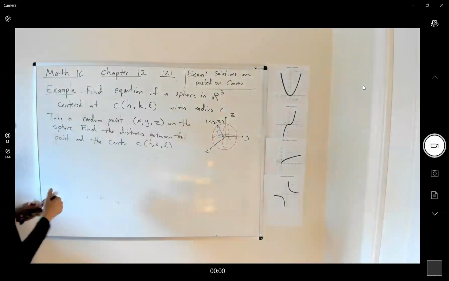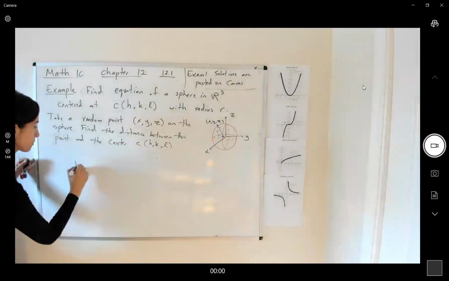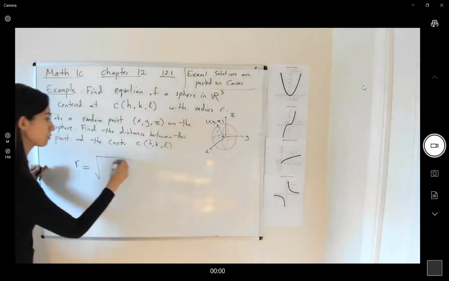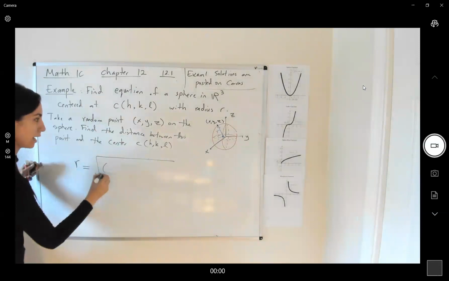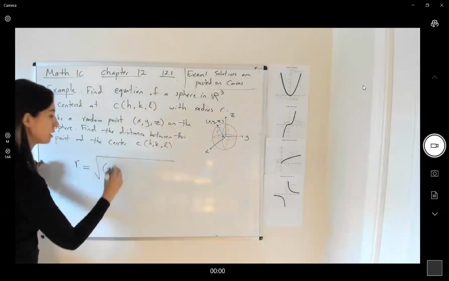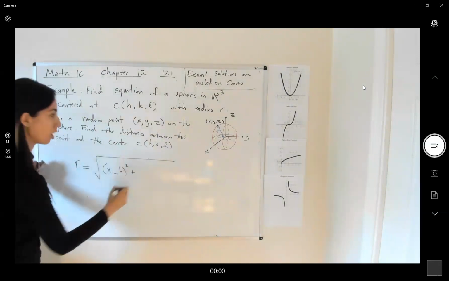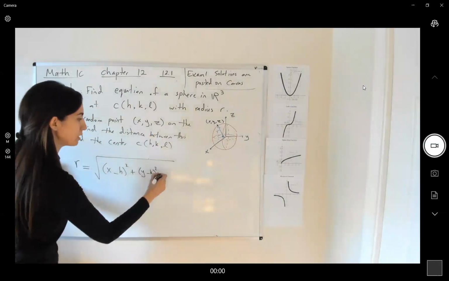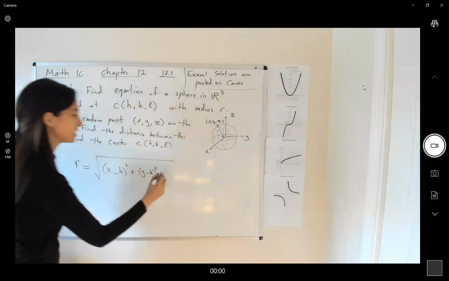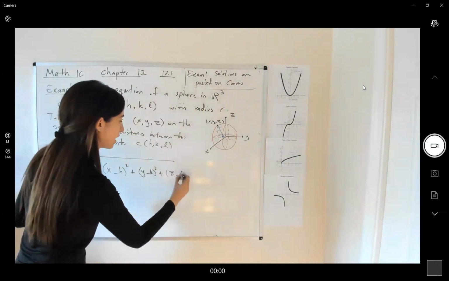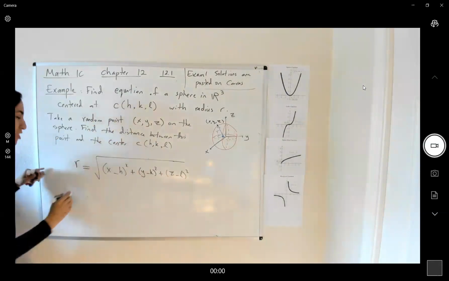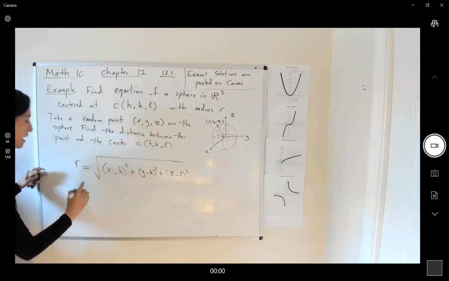So the distance R is equal to the square root of X minus H squared plus Y minus K squared plus Z minus L squared. Now square both sides to get rid of the radical.